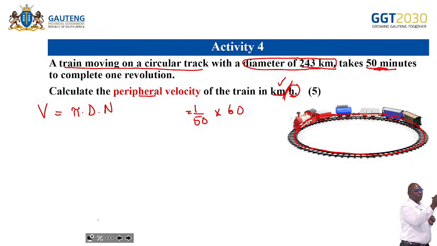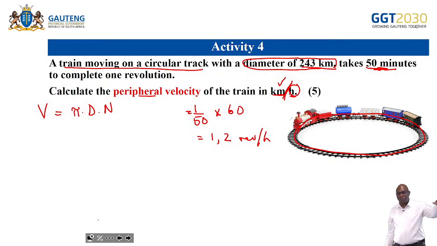That's where I'm going to get the number of revolutions. It takes 50 minutes to complete a revolution, so I'm going to have 1.2 revolutions per hour in this case, because it's revolutions per hour.